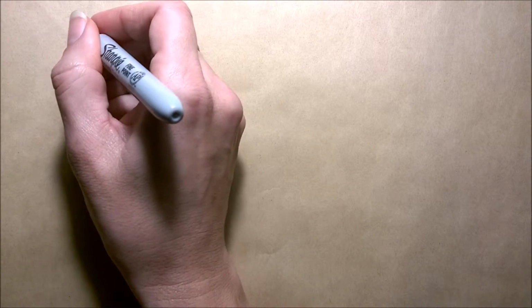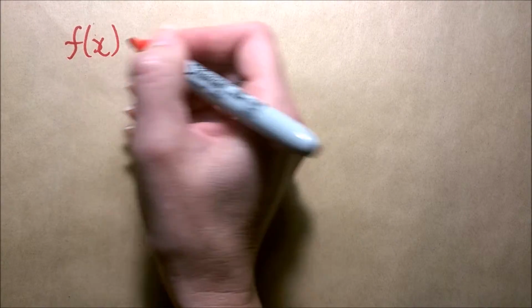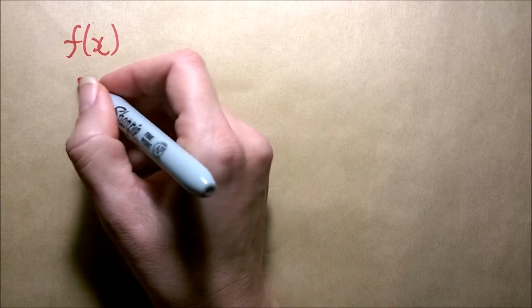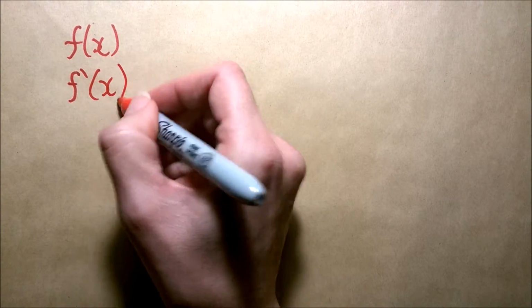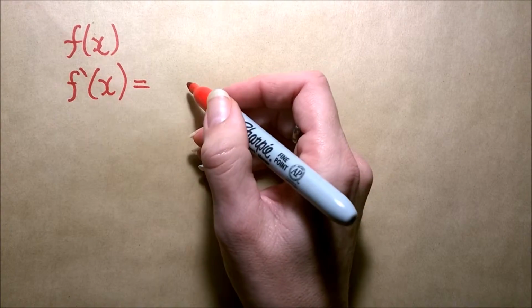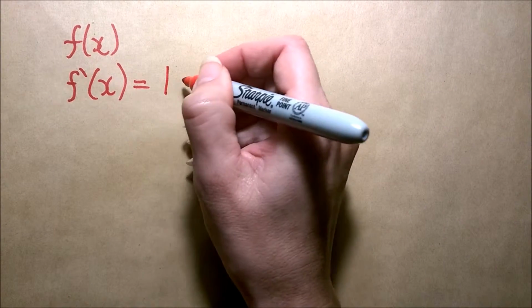So we're given a function, okay? We want to know the derivative of that function. In other words, we want to know the instantaneous rate of change at a given point.